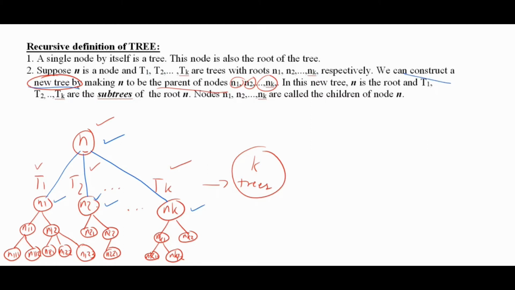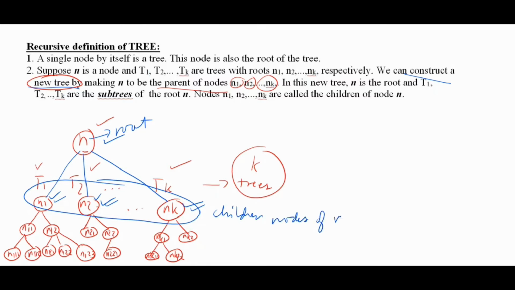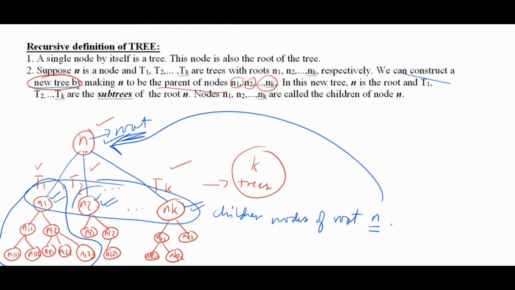In this new tree, n is the root, and n1, n2 to nk are called the children nodes of root node n. In this new tree, n is the root, and T1, which is this, T2, which is this, and Tk, which is this, are called subtrees.